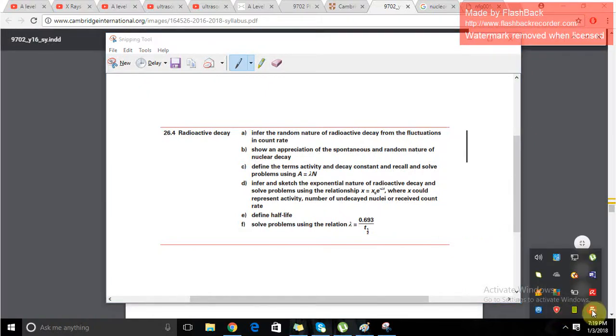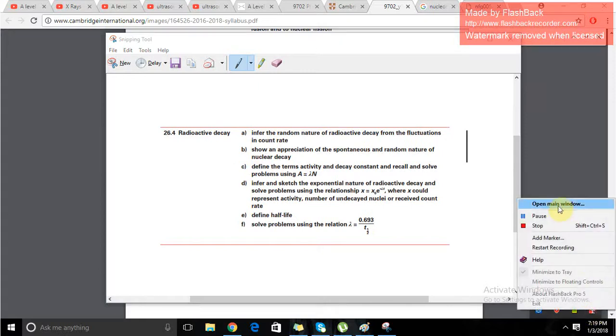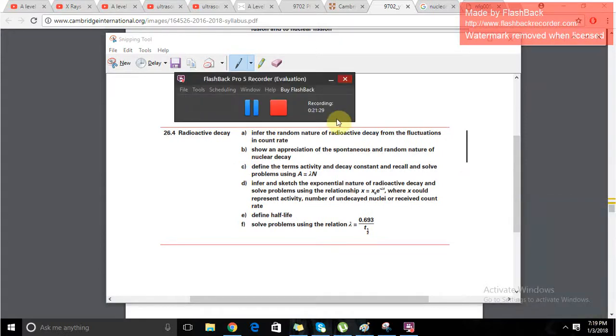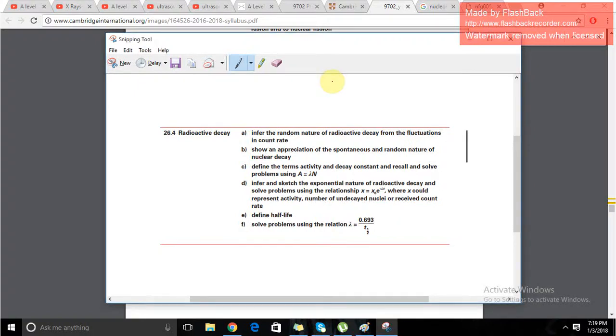So we have to infer the random nature of radioactive decay from the fluctuations in count rate. So what the hell does that mean? Well, what it means is that while in O levels you had a general idea of half-lives, and that in a particular half-life this many nuclei would have disintegrated for a particular sample type.